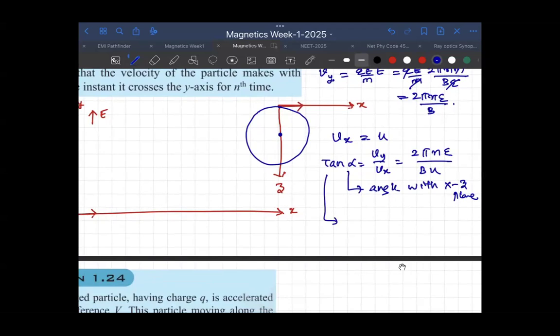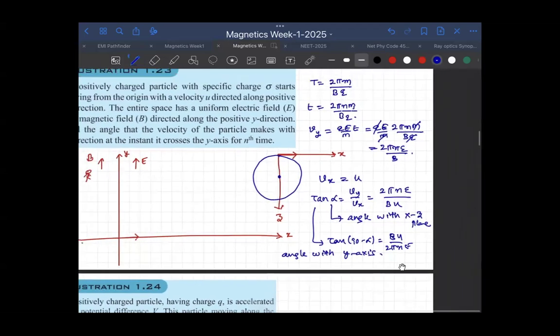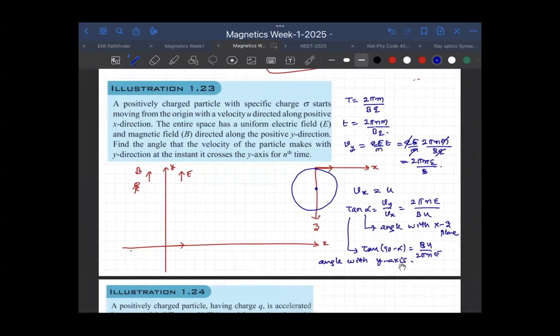In that case, flip. So alpha is with the XZ plane. You need 90 minus alpha. So tan of 90 minus alpha is cot alpha, which is b u by 2 pi n e. This is the angle with the y axis. I'm asking again, do you have any doubt? Sure?